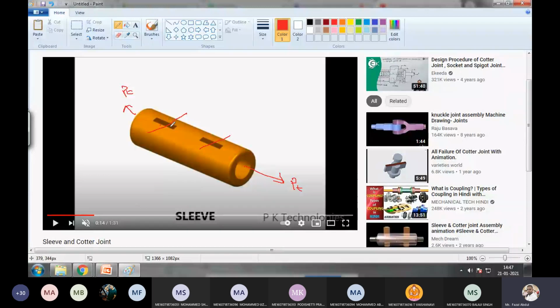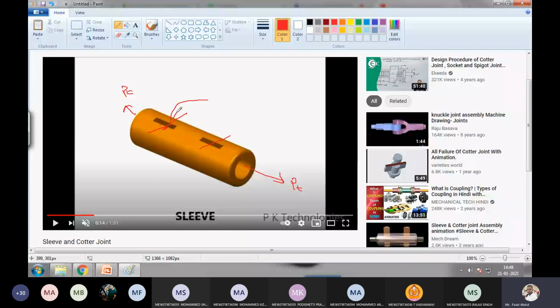Because the slot is provided here, the stress concentration phenomenon is involved. So at these edges, the stress concentration is more. This diagram I'm drawing to show how it appears after failure.